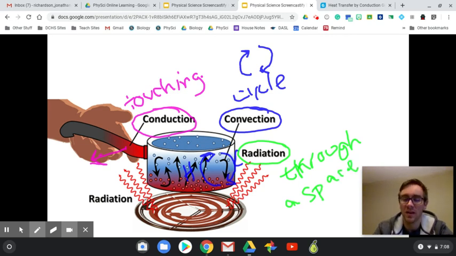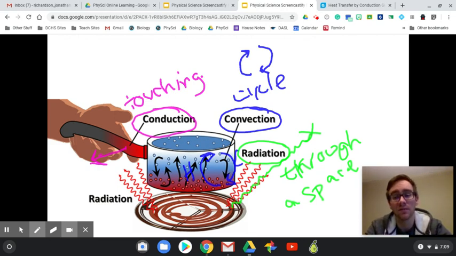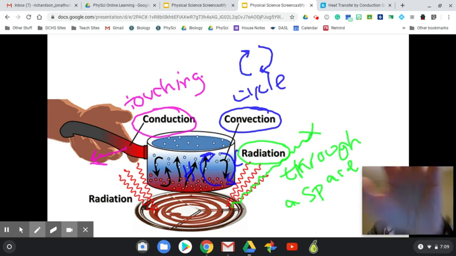This is through a space. So if I put my hand over here, the heat energy is traveling and it's going to reach my hand. When you're trying to tell if something's hot, like a piece of metal, you first test it by testing its radiation. You put your hand near it. You don't directly put your hand on it and do conduction, because you might get burned real bad.